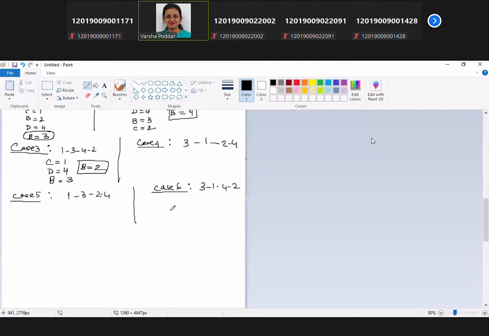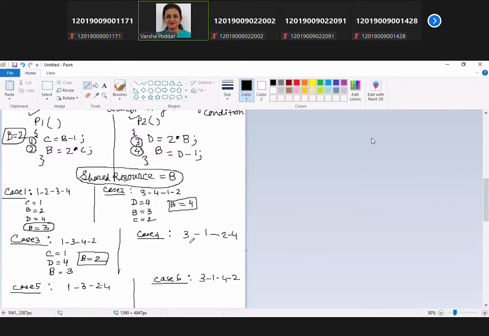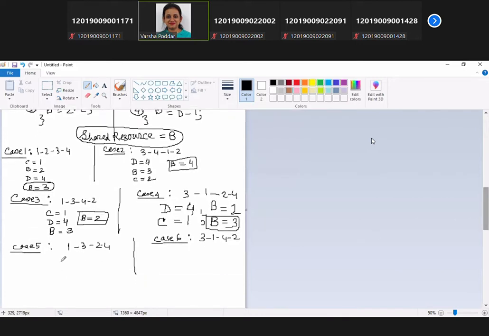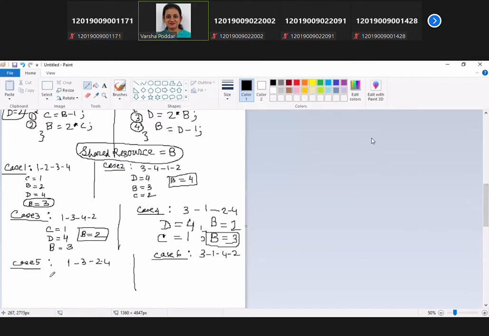So likewise, if you execute the rest, case 4, 3, 1, 2, then 1, 3, 2, 4, and 3, 1, 2, 4.